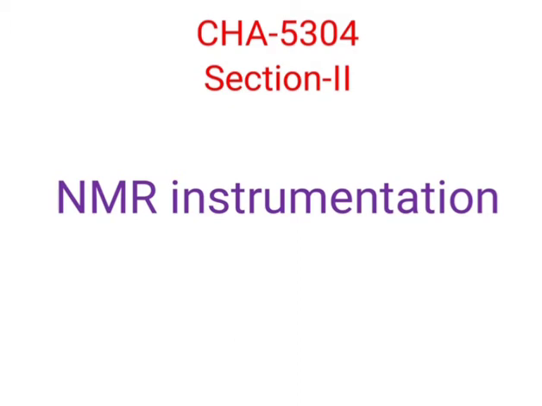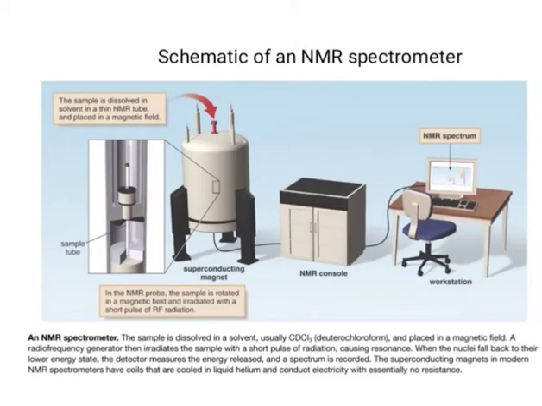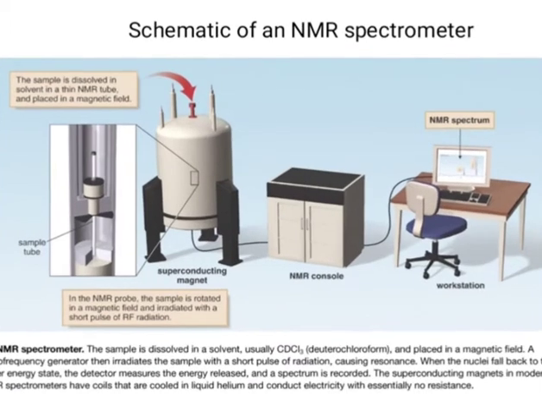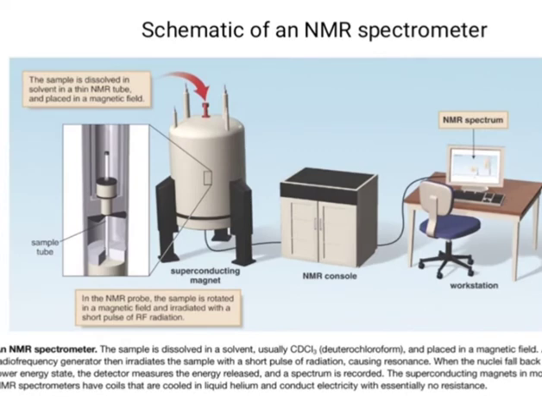We know the basics of NMR, but how NMR spectroscopy works can be studied in this lecture. This is a schematic diagram of an NMR spectrometer. We have already studied this diagram, and I am telling it again. This is the instrumentation of an NMR spectrometer.